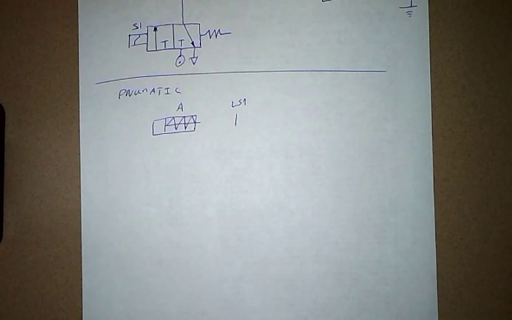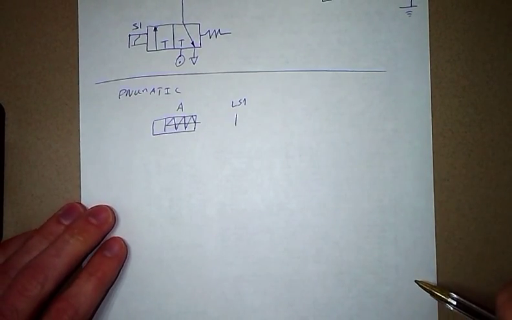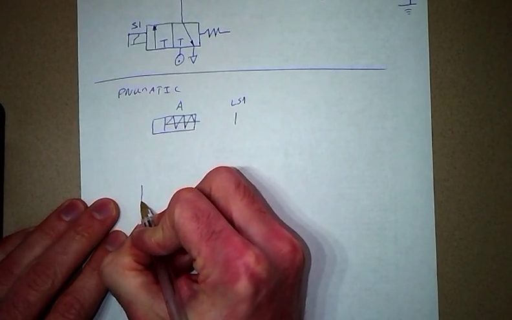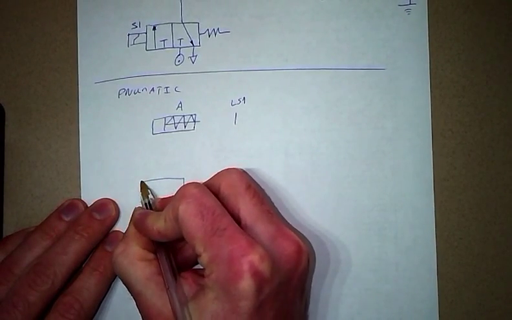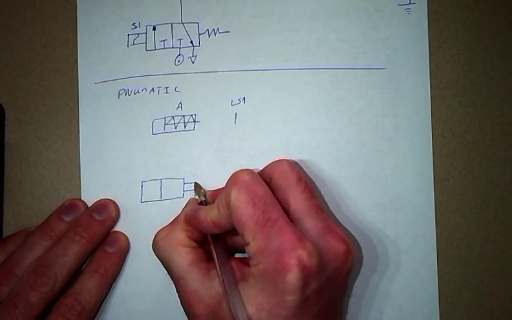When the cylinder is fully extended, it comes to the limit switch and closes that switch. That's a normally open switch, but we'll see that in the electric diagram. Okay, so we're going to stick with our 3-2 valve, except now it has a solenoid actuating both positions.